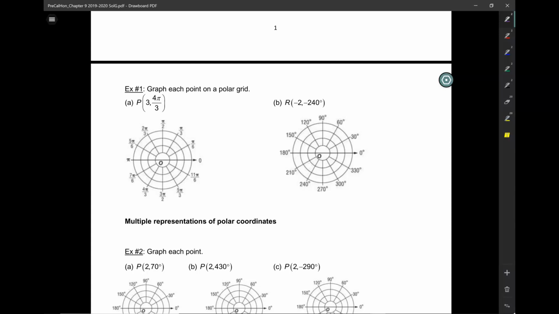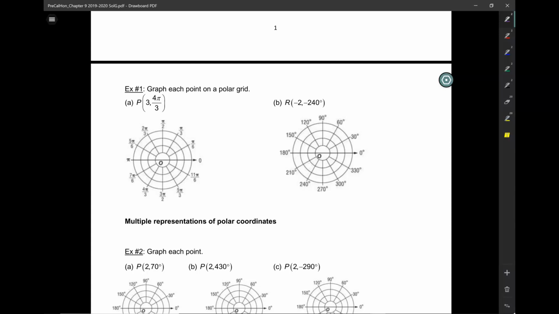From the polar axis, you have the same old angles, going in a counterclockwise direction. And if you go radially out, each of these divisions is 1 unit. So you could go 1, 2, 3, 4, or 2, 4, 6, 8, whatever. You can still calibrate it as you like.